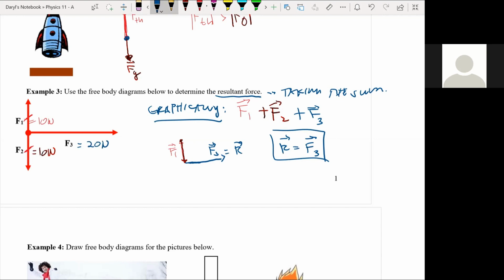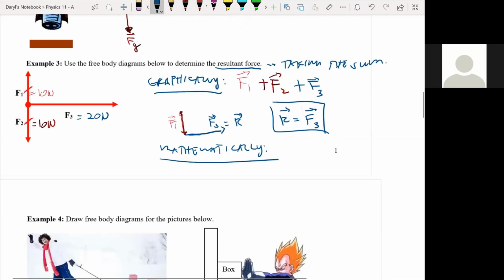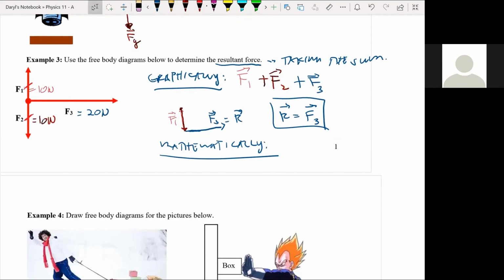Mathematically, remember that when you take the resultant, you can only take the sum of all x values and the sum of all y values.